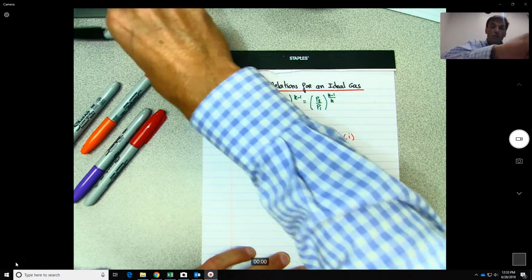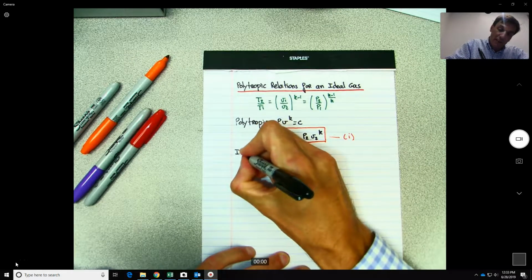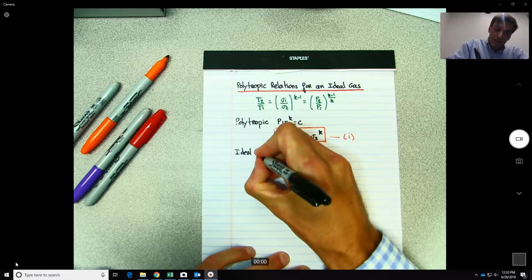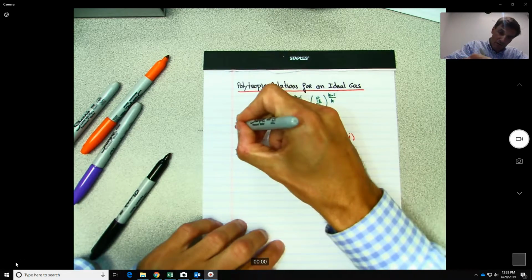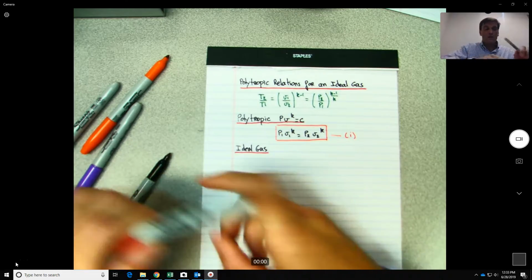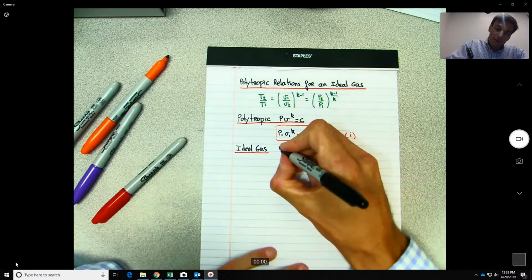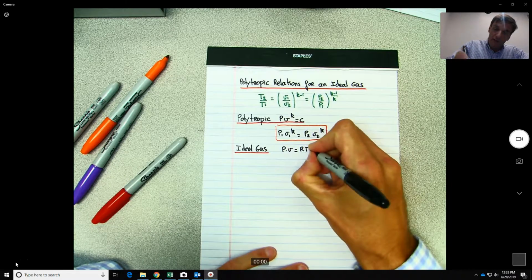And what would be the second one? Ideal gas. So what is an ideal gas? So the ideal gas will be PV equal RT.